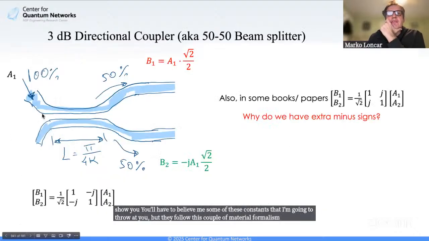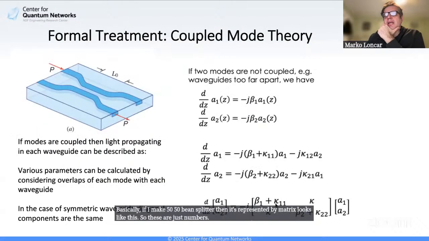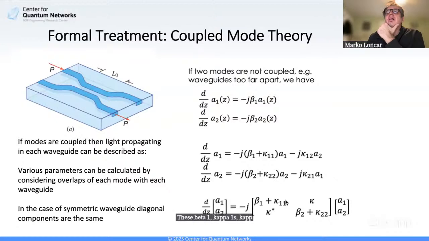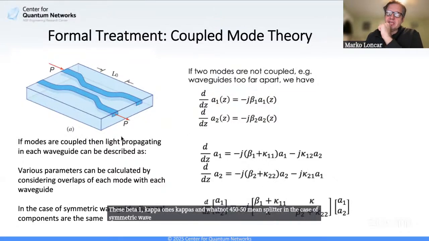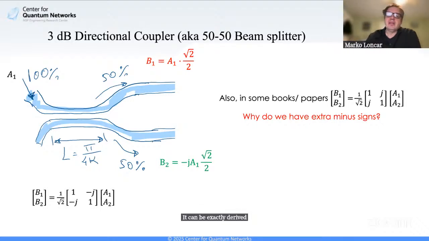Basically, if I make a 50-50 beam splitter, then it's represented by a matrix that looks like this. These are just numbers, these beta 1, kappa 1s, kappas, and whatnot. For a 50-50 beam splitter, in the case of symmetric waveguides, meaning both of the waveguides have exactly the same profile, it is basically this matrix. It can be exactly derived with maybe another page of math.